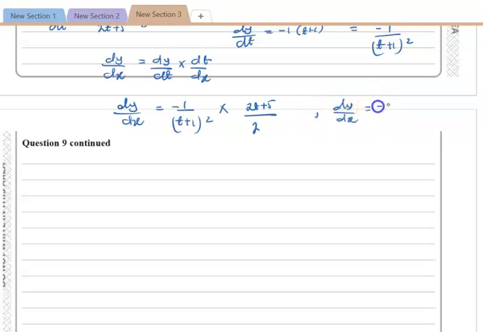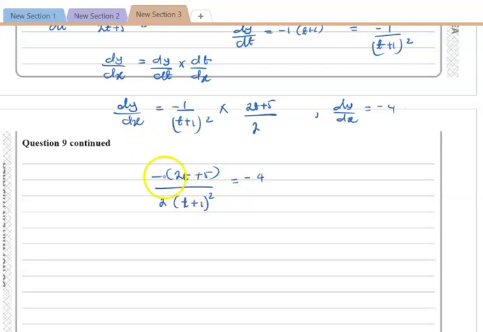But in the question, they have told us that the gradient is negative 4. So our dy/dx, which is negative of 2t plus 5, all of it over 2 times t plus 1 squared, is equal to negative 4.